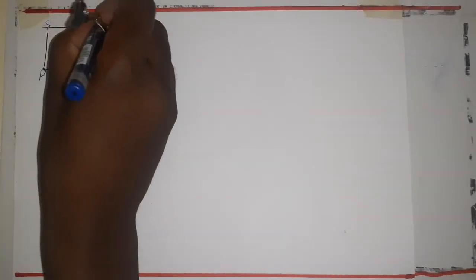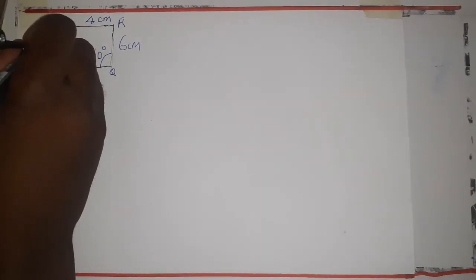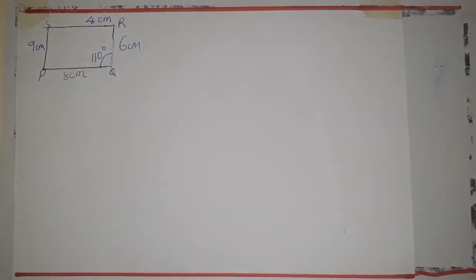Then the last one, PS, is equal to 9 centimeters. This is the information that we are given, and this is a sketch. Now we want to come up with the actual quadrilateral. Are we together? So let's get started.